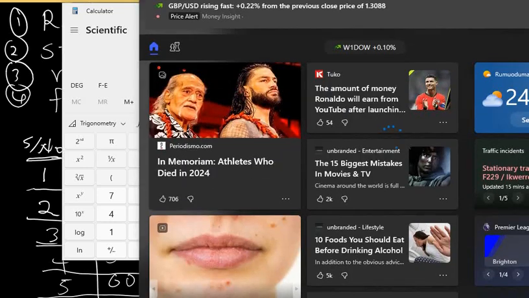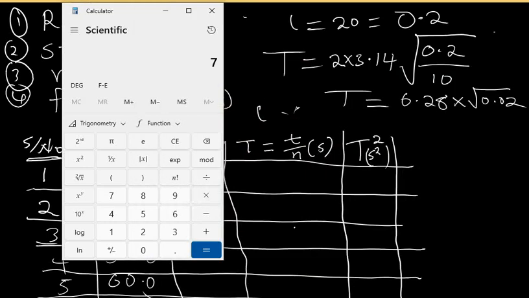I'm going to find the square root of 0.02, then I have to multiply by 6.28.